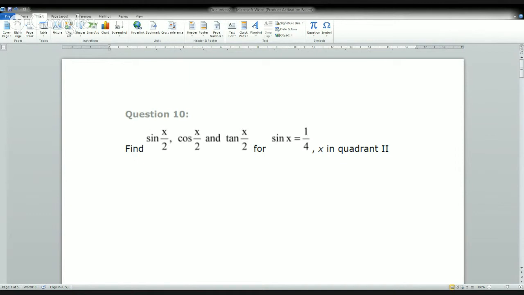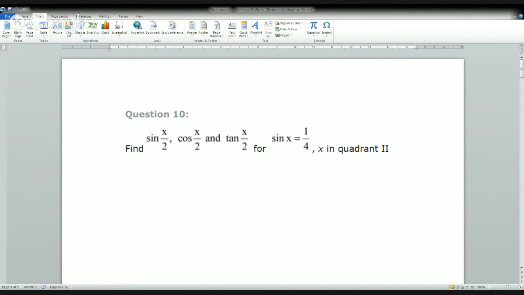So x by 2 will be divided by 2 on both sides.